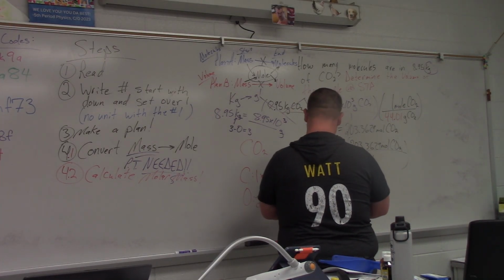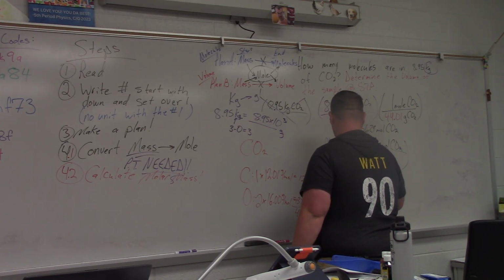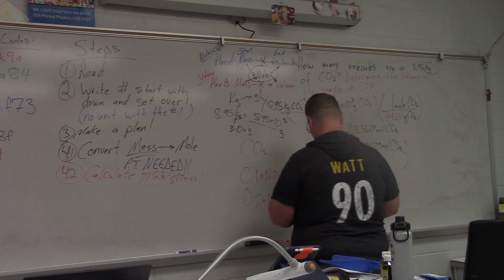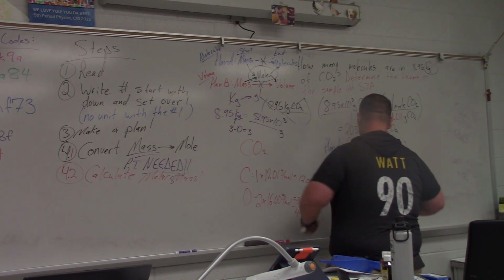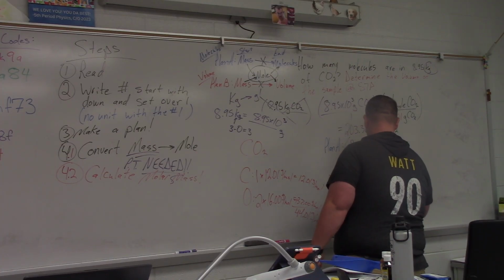You know what the funny thing is? Guess what Plan B is gonna look like? It's the same thing. So we set it up: 203.3629 mole carbon dioxide, set that over 1.